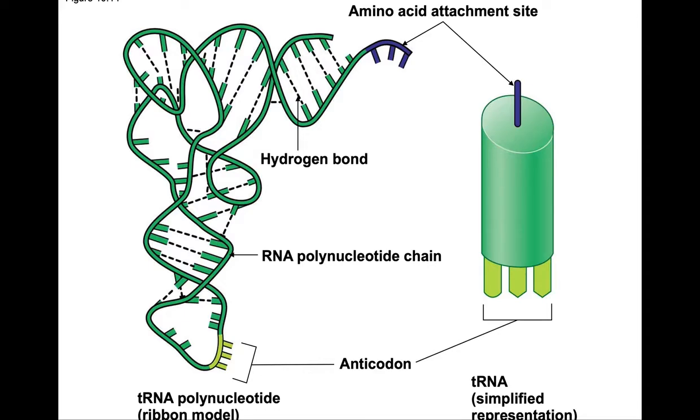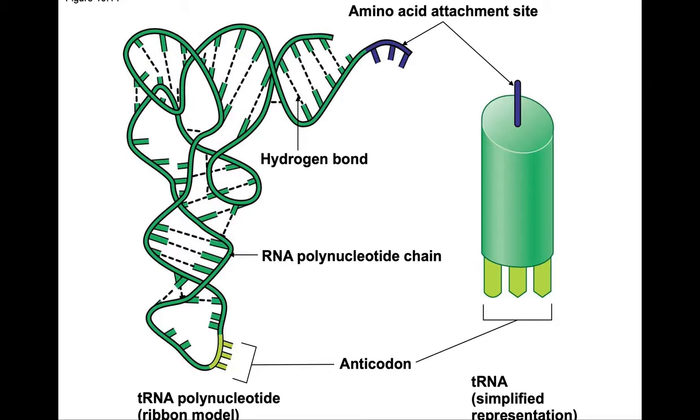On page 181, I see this picture of a tRNA. The tRNA has two main parts. The top is where the amino acid will attach. That little blue spike you see is where the specific amino acid will attach.